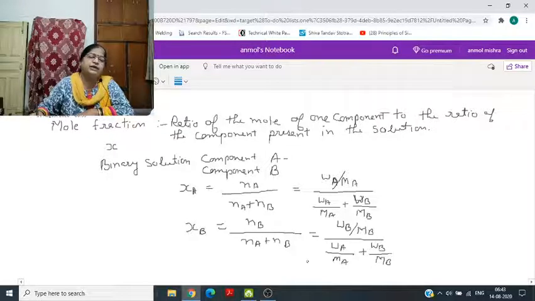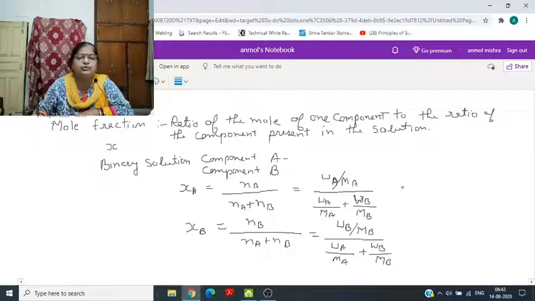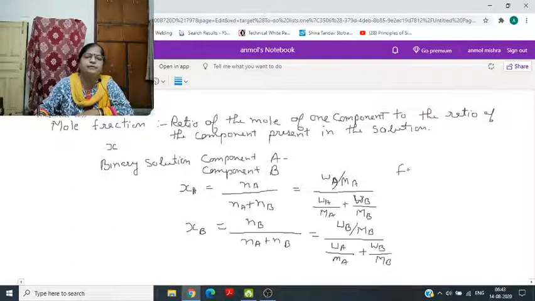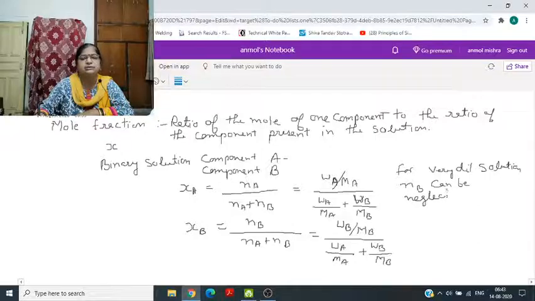Now for very dilute solution, the moles of solute, Nb, can be neglected in the denominator.